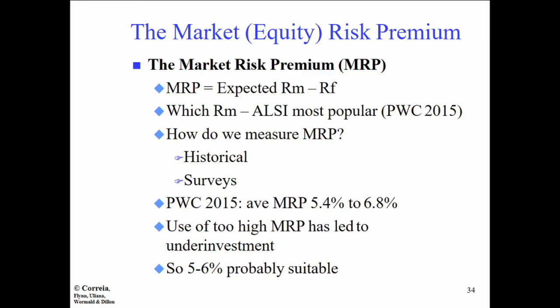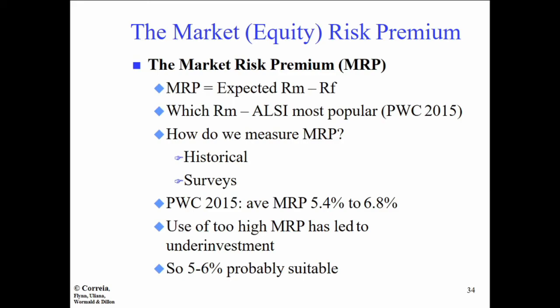According to a PwC survey, a popular source of determining what the return on the market would be is by looking at the all-share index. According to the PwC survey, the average market risk premium was between 5.4% to 6.8%.